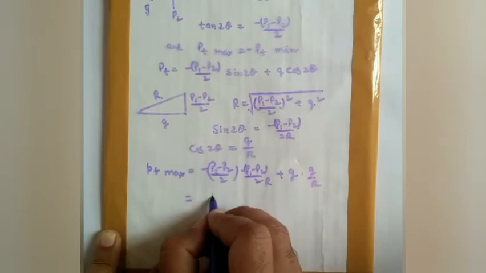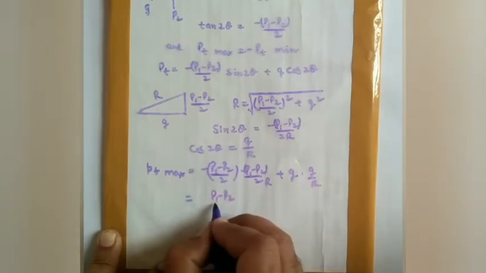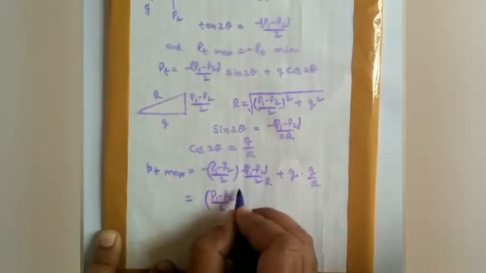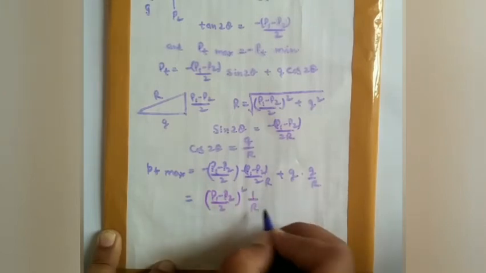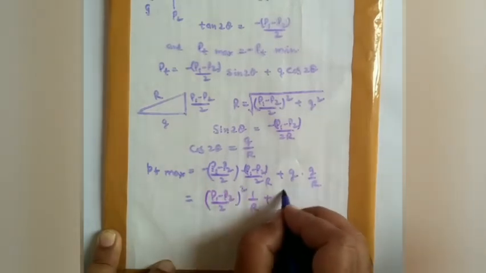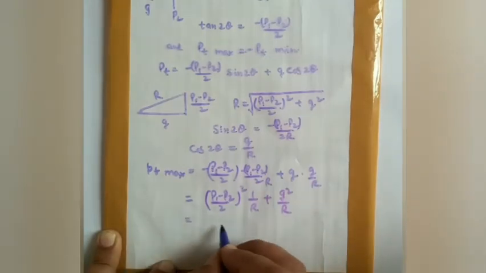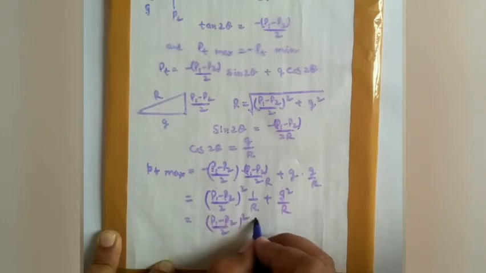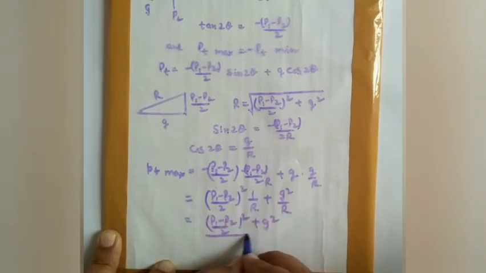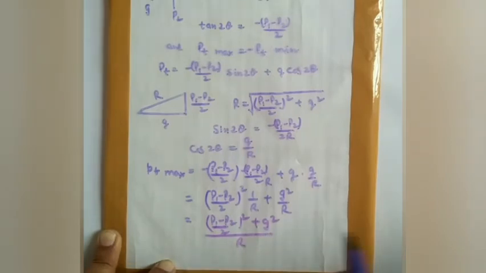Simplifying, we have ((p1 minus p2) by 2) whole square 1 by r plus q square by r, which is nothing but ((p1 minus p2) by 2) whole square plus q square whole upon r.